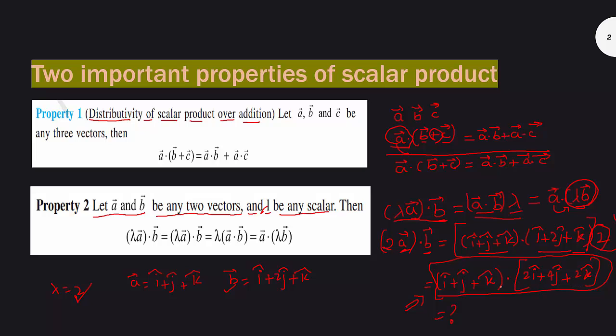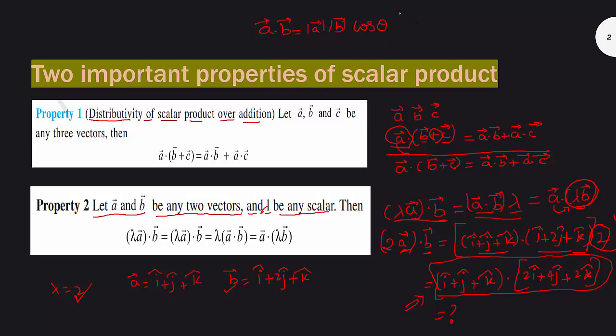In the next slide, I am going to explain the product of these two vectors, how they are going to be multiplied. Already you know, vector a dot vector b is going to be equal to magnitude of a into magnitude of b into cos theta.